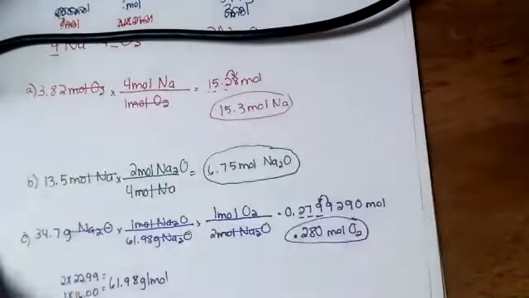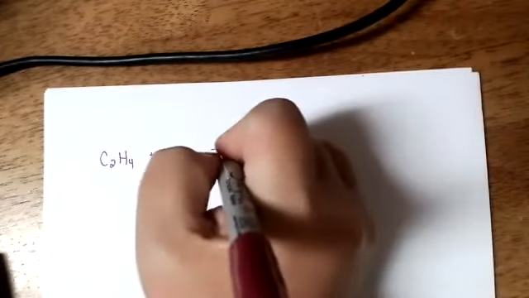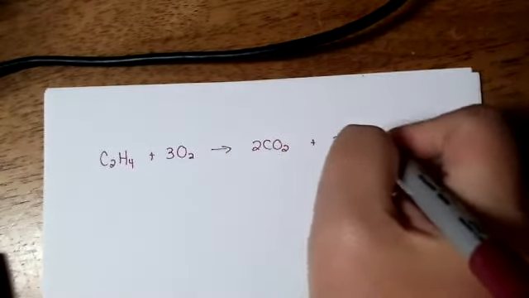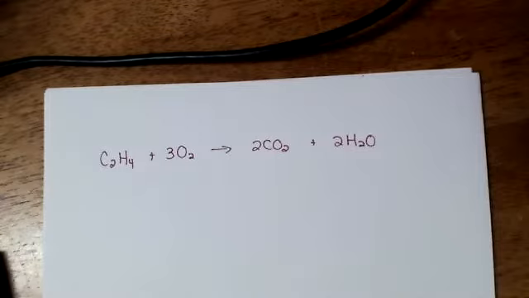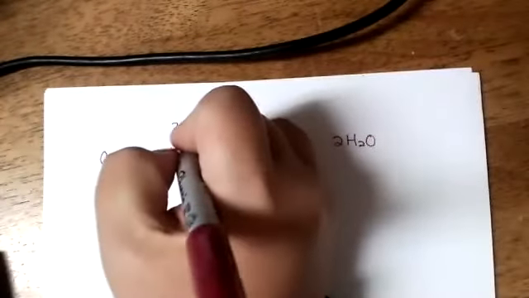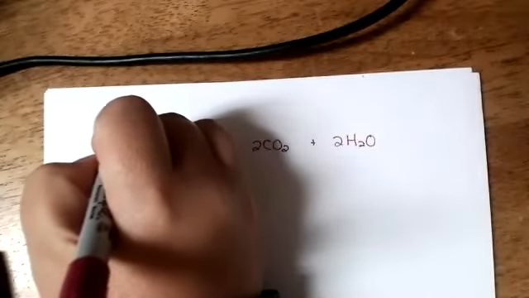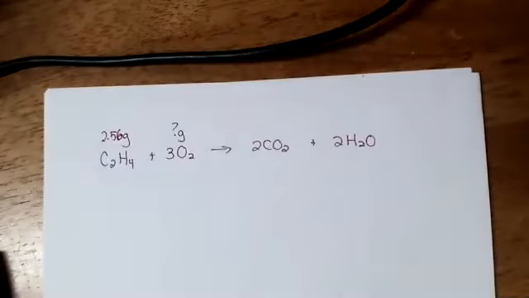Let me come over here and get a fresh piece of paper, and write out my reaction: C2H4 plus 3O2 yields 2CO2 plus 2H2O. They want to know how many grams of O2 are needed to react with 2.56 grams of C2H4.